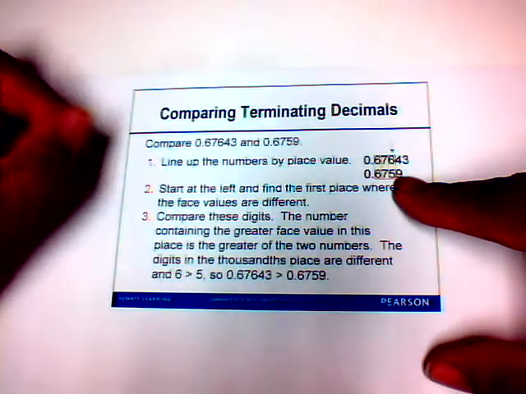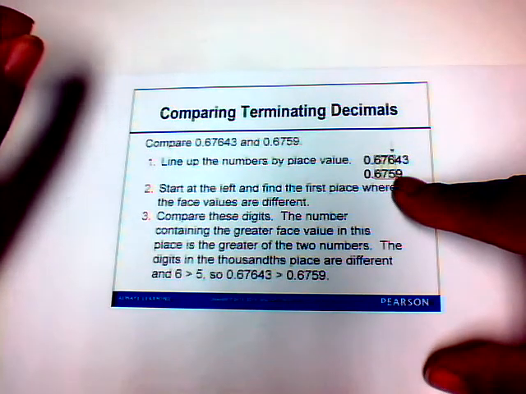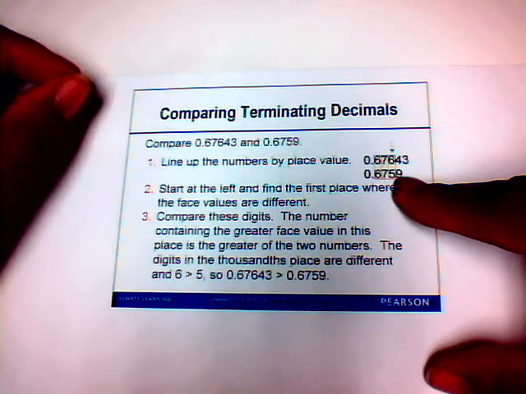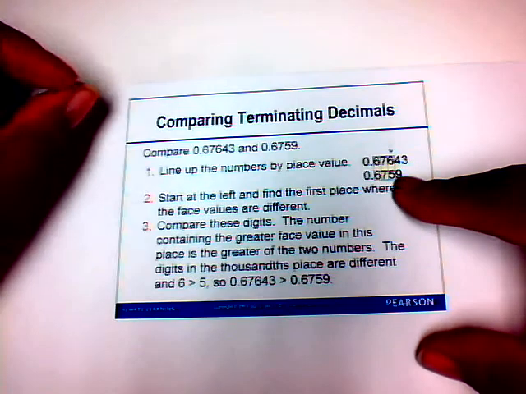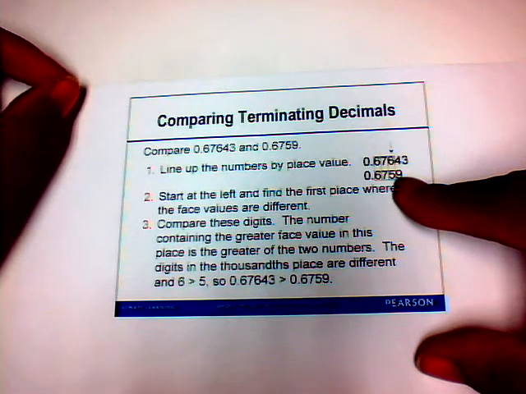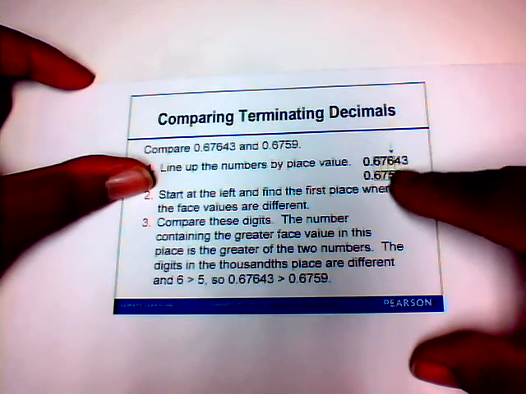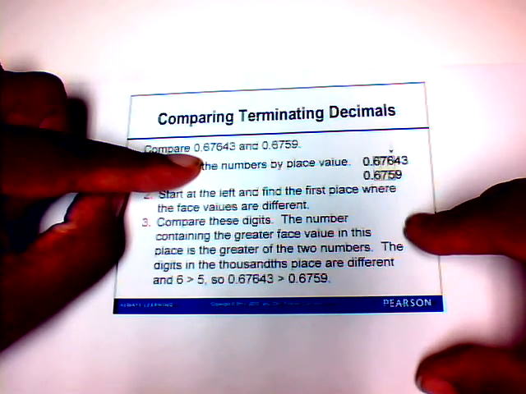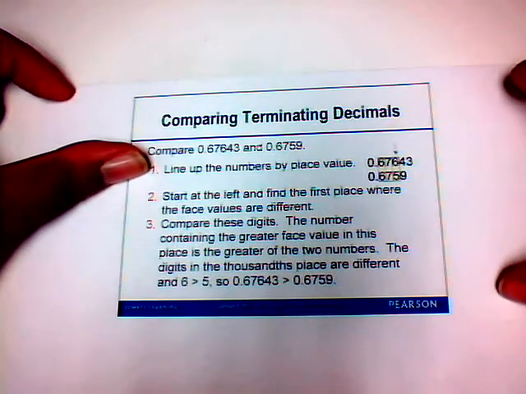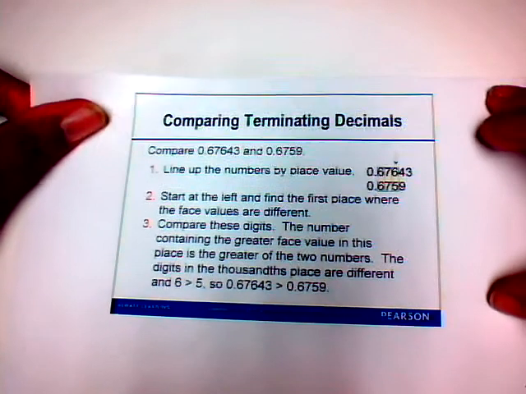Then you're going to compare those digits. The number containing the greater face value in this place is the greater of the two numbers. As you can see here, the digits in the thousands place are different. Here 6 is greater than 5, so 0.67643 is greater than 0.6759.